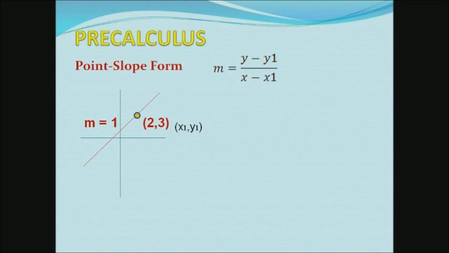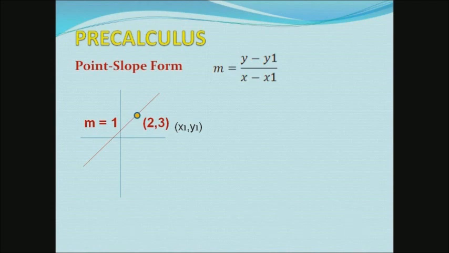Now for point slope form, the formula is m equals y minus y1 all over x minus x1. So the x1 and y1 that we are pertaining to in this point slope form are the coordinates of our point. That is (2, 3). So that is our x1 and our y1.